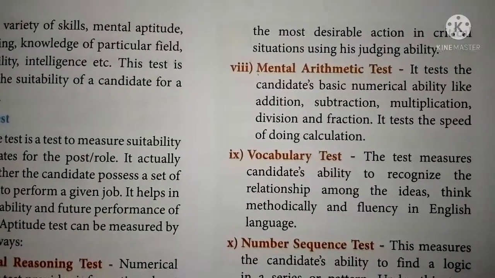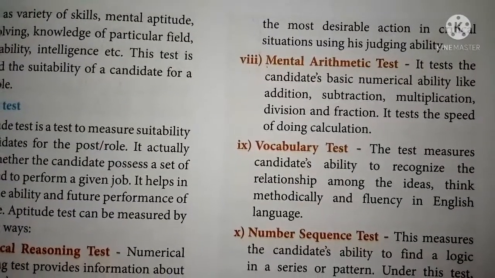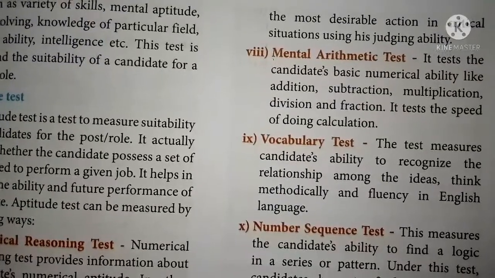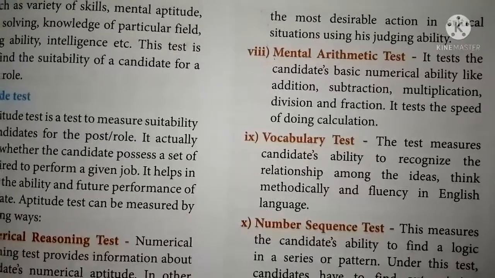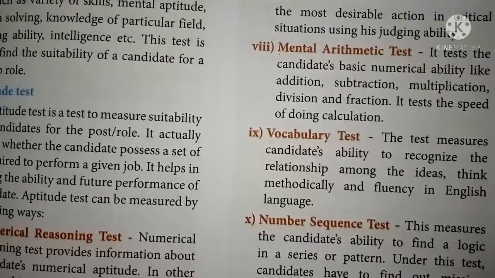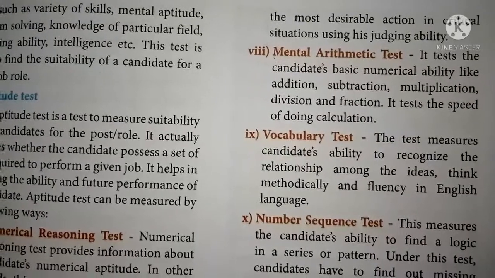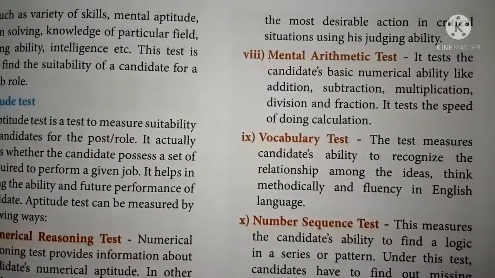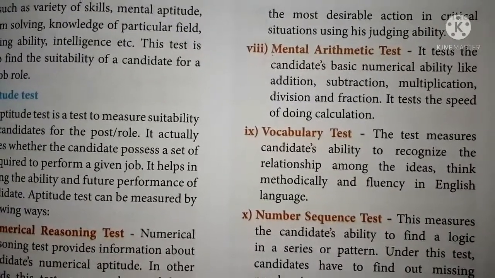This test will identify the candidate's basic numerical ability like addition, subtraction, multiplication, division and fractions. Whether they qualify for these activities, how quickly they can do addition, subtraction, multiplication, division and fractions. So it tests the speed of doing calculations manually.